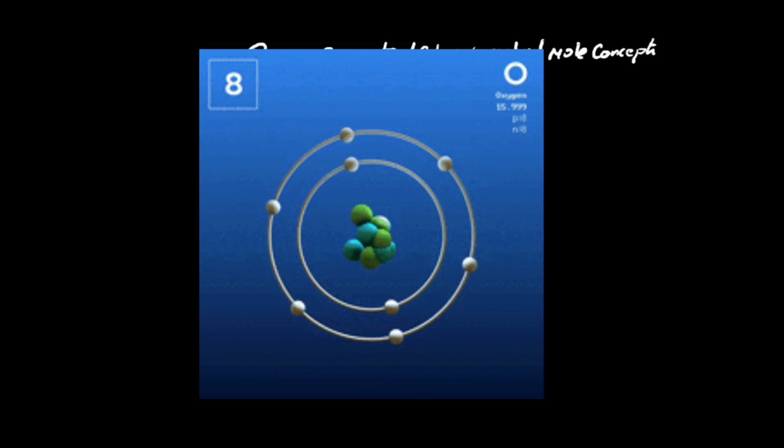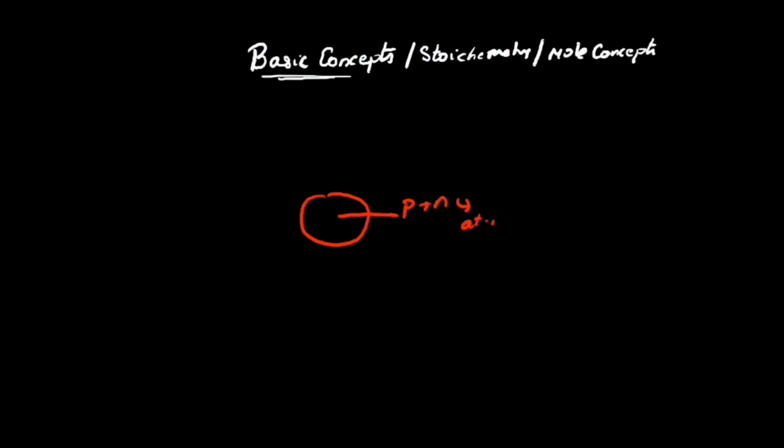Whatever is present in the nucleus is the protons and the neutrons, and the total number of protons and neutrons is the atomic mass, and the total number of only protons is the atomic number. You represent the atomic number at the bottom of the element, and the mass number comes on the top of the element when you represent an element. So today we are going to learn about what is relative atomic mass.